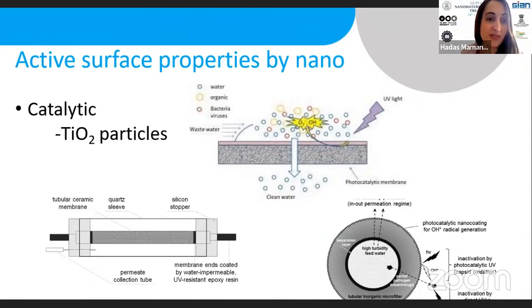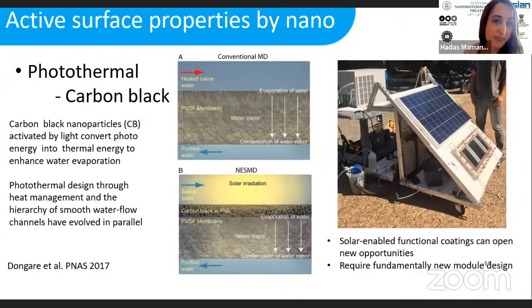With active properties, we now need to design new membranes. For example, with catalytic titanium dioxide particles, we discussed this already numerous times, the nano catalysts are activated by exposure to UV light to generate reactive oxygen species that can in turn inactivate the microorganisms or break down the micropollutants.